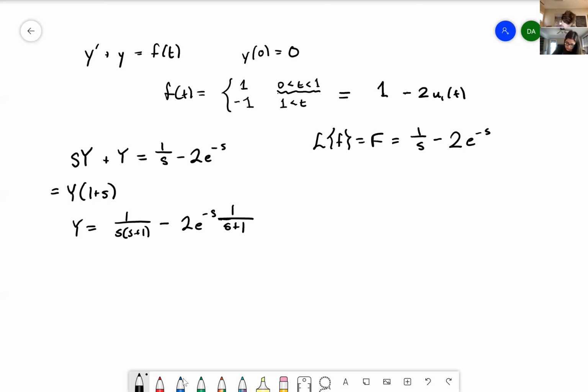Okay, so now we need to get the inverse Laplace transform. So I'll write it like that. Y of t, our solution. And so 1 over s times s plus 1. Now I think we can just do this.